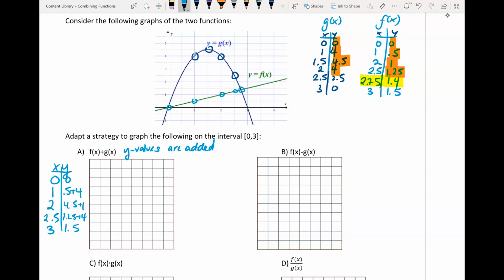Then we will graph these points. So we have a point at 0, 0, 1, 4.5, 2, 5.5, and then at 2.5 we'll have 5.25, and then at 3, 1.5.